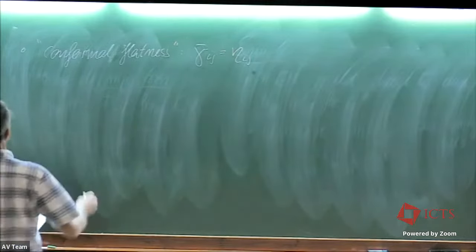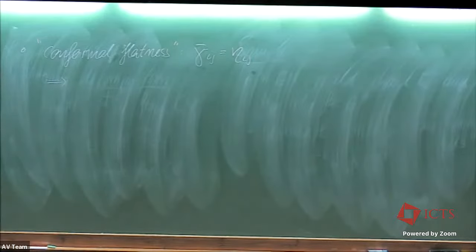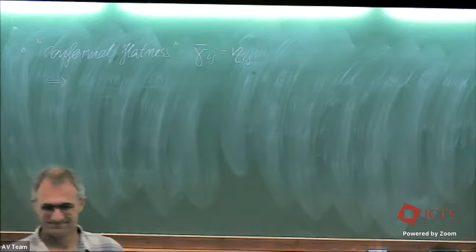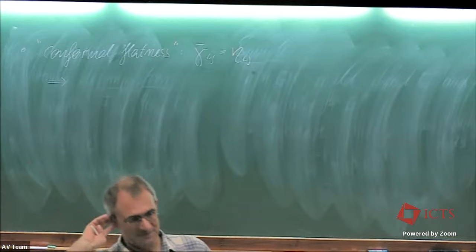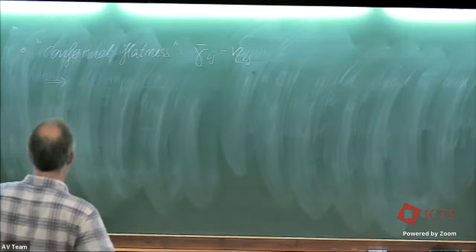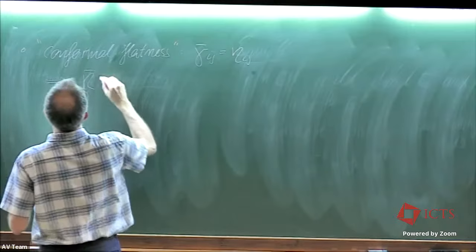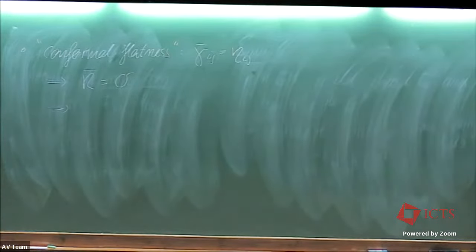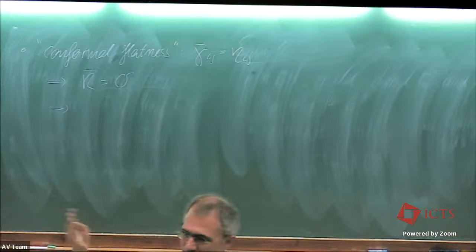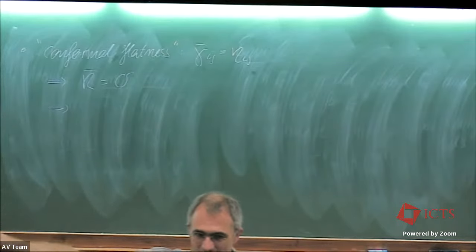Okay? If that is true, what does that mean for the Ricci scalar? It is, can I hear that loud and clear? 0. I agree, right? The R bar is 0. Okay. How about the derivative operators? They become what kind of covariant derivative operators? Those of flat spacetime, right? So they're just flat space covariant derivatives.